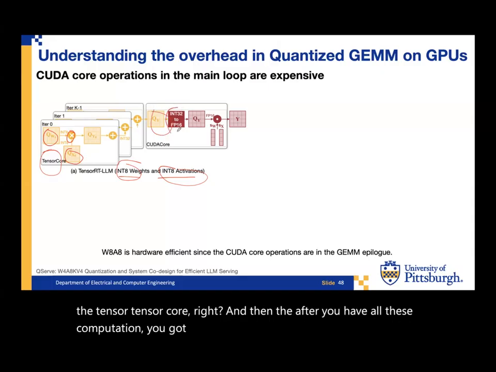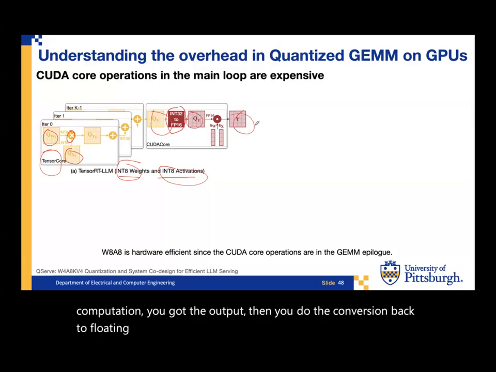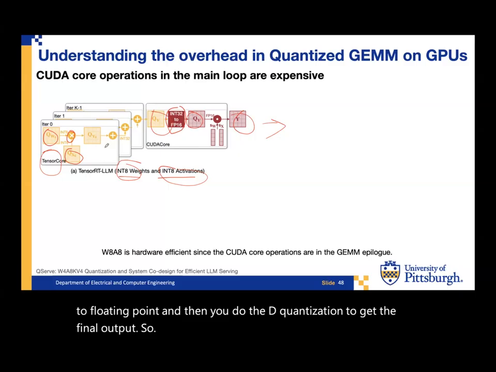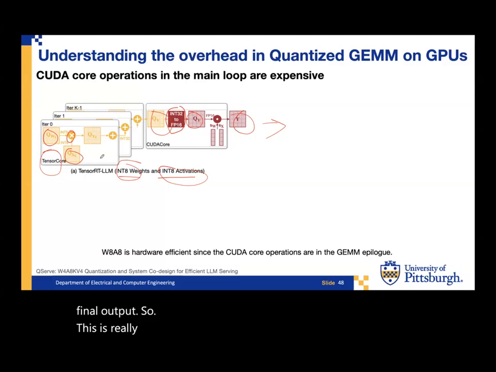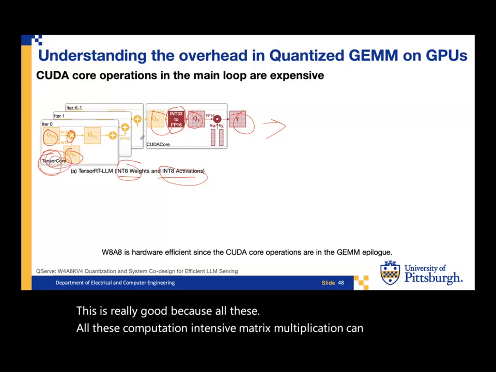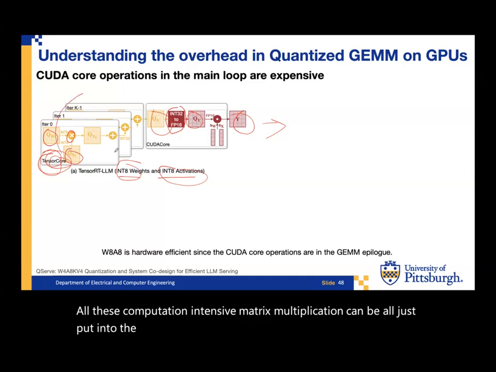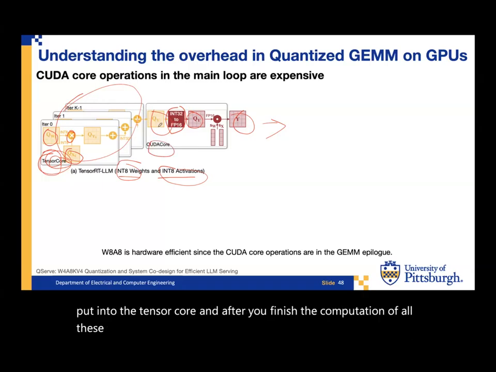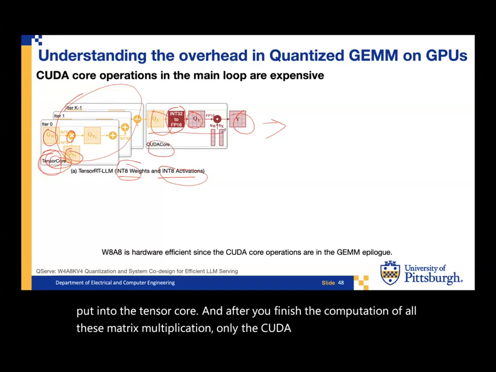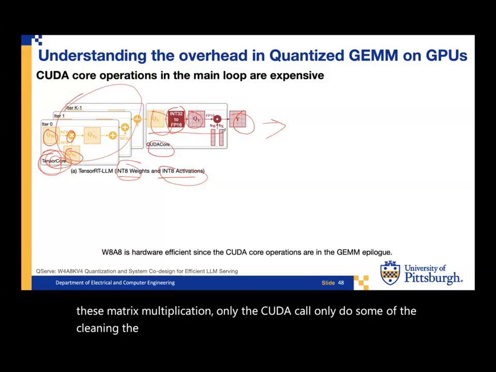Then you do the conversion back to floating point, and then you do the dequantization to get the final output. This is really good because all these computation-intensive matrix multiplications can just be put into the tensor core, and after you finish them, the CUDA core only does some of the cleaning, the epilogue, which is good.